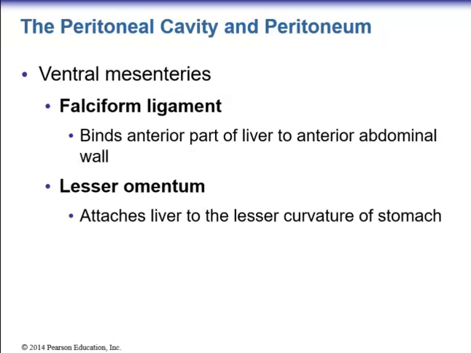Adult structures, so ventral mesenteries form the falciform ligament. This ligament binds the anterior part of the liver to the anterior abdominal wall. Ventral mesenteries also become the lesser omentum. The lesser omentum attaches the liver to the lesser curvature of the stomach, and we'll describe the different curvatures of the stomach when we get to the digestive system organs.